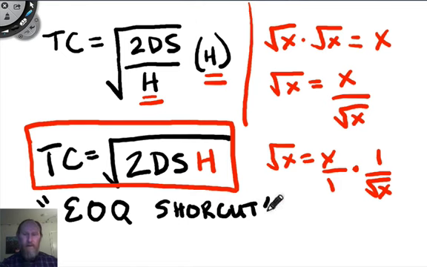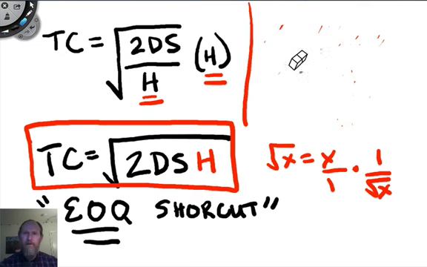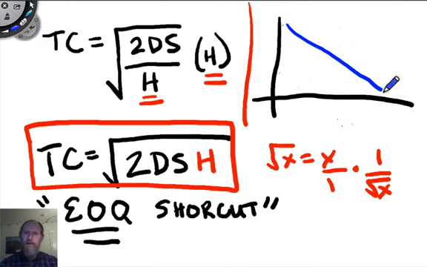And that's a rather long way of saying this formula does equal total cost, but only at the EOQ. If we go somewhere else along that range, in fact, if we go anywhere else other than the EOQ, we cannot use that formula because these don't equal each other.